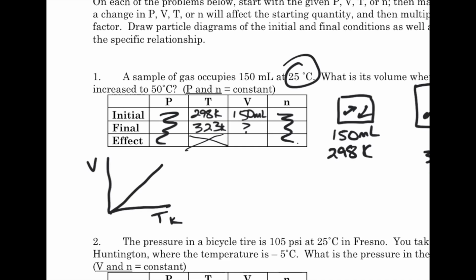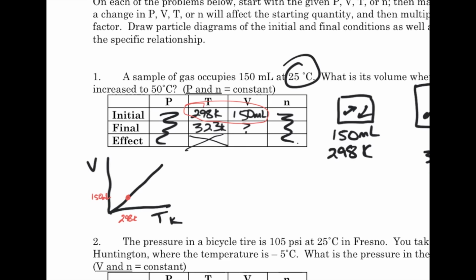Now let's look at the graph and see if that can give us some information on what the effect is going to be of this change in temperature on the volume. Let's put some points on the graph. I'm going to use a different color. Let's put a point right here, and that's going to represent 298 Kelvin and 150 milliliters, which are our initial conditions.